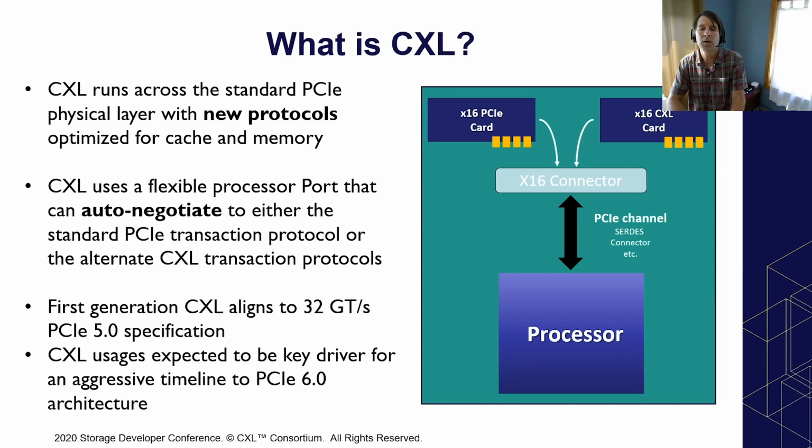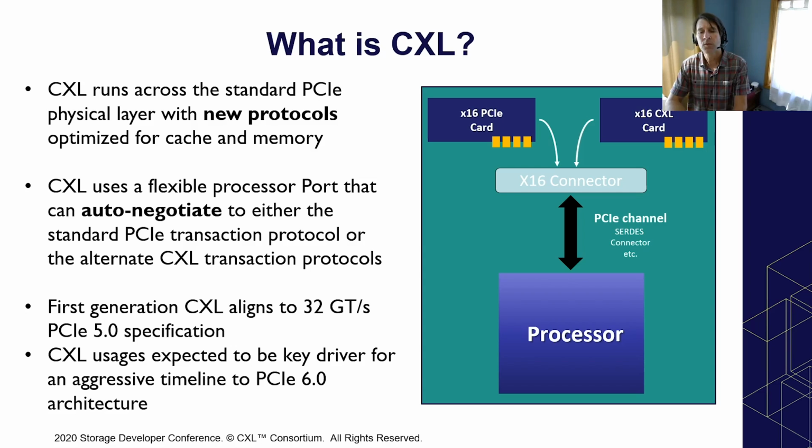So CXL is a standard that runs on the PCI Express physical layer. And we've added new protocols on top of the PCI Express definition to optimize the cache and memory flows.